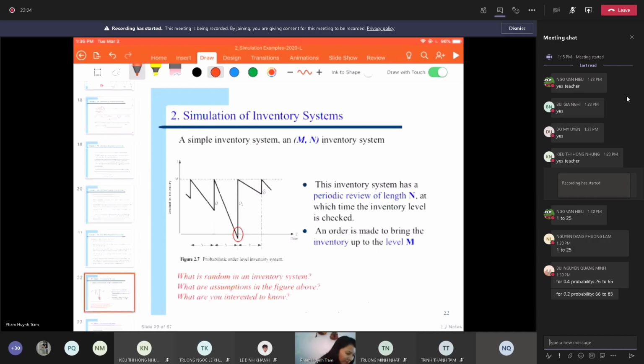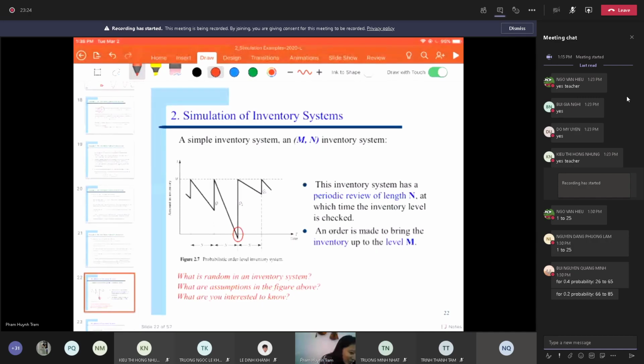So let's look at this figure. This figure illustrates our inventory level over time, and it changes according to the demand of the customers and how we place orders with the supplier.